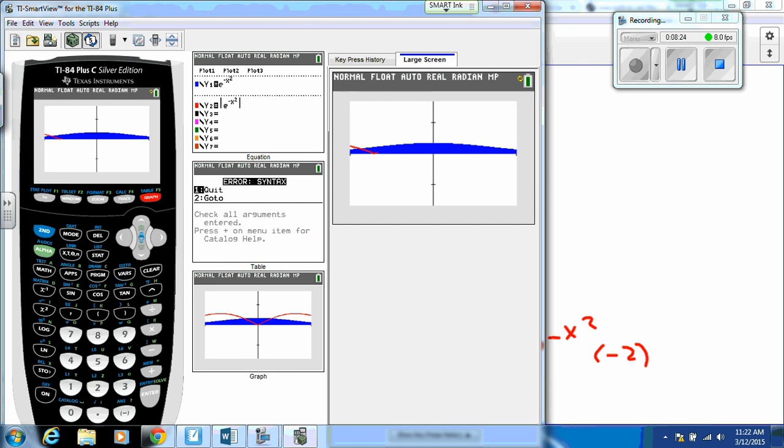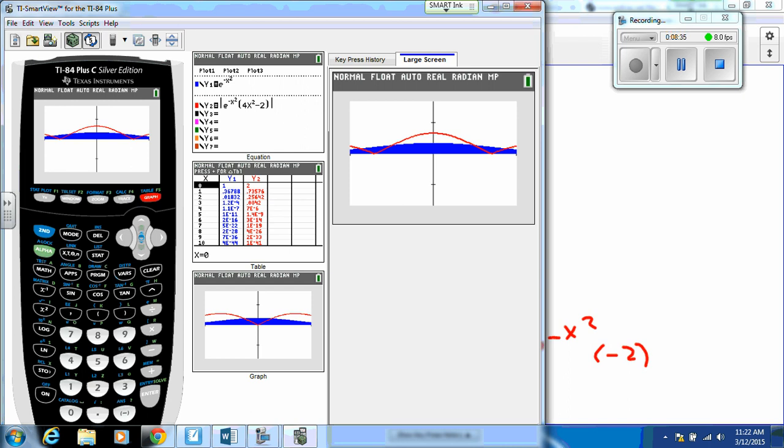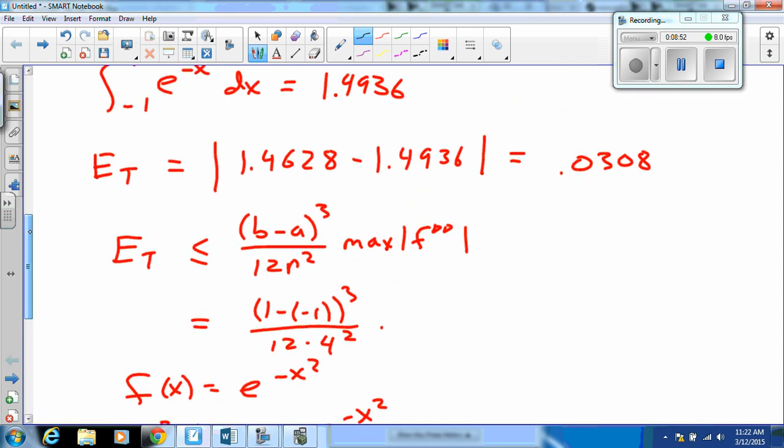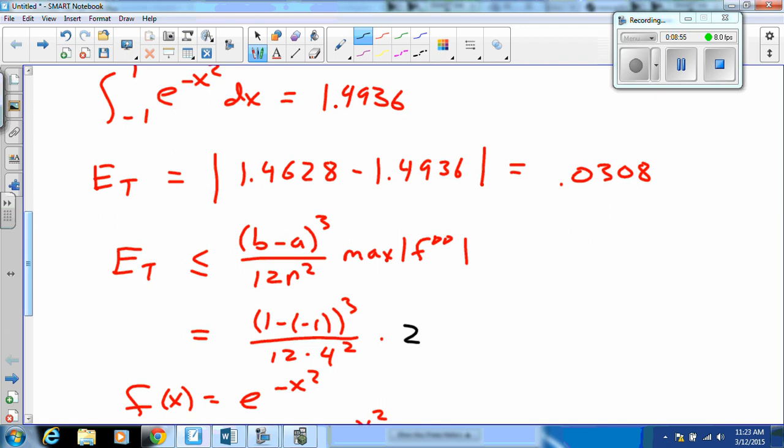And when I graph that, then my graph clearly shows that this expression has a maximum at x equals 0. So I trace along the red curve, and I go to x equals 0, and get a maximum value of y equals 2. So that the max of the absolute value of f double prime is 2 on the interval -1 to 1.